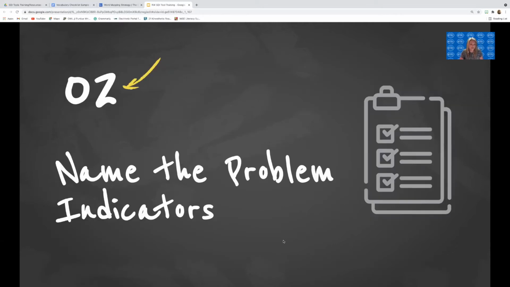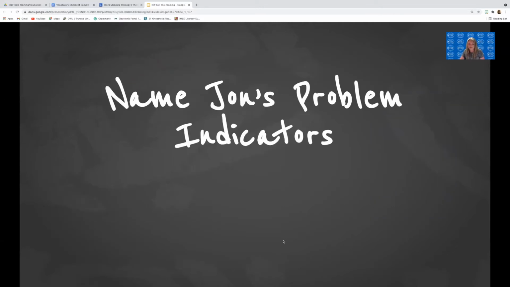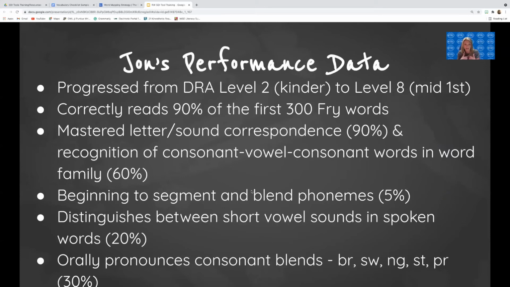Based on that information, what will be some of the problem indicators for John? For me, I think it starts coming out that being able to blend the phonemes and segment those sounds. He cannot distinguish between those. So that is something we may need to address. And that's all the way back into phonological awareness.